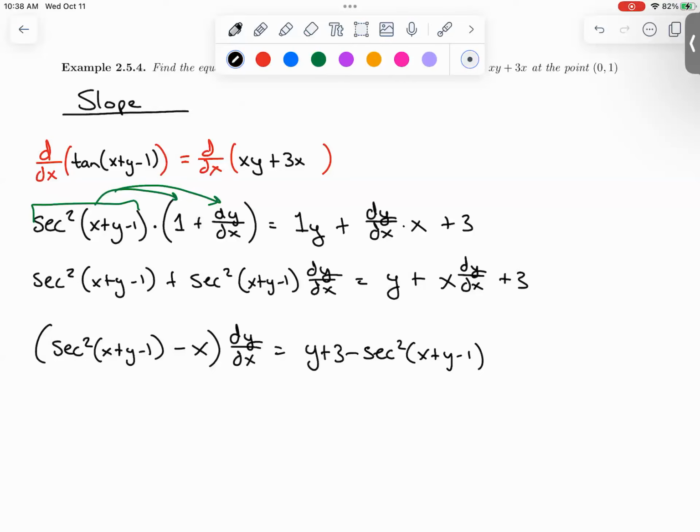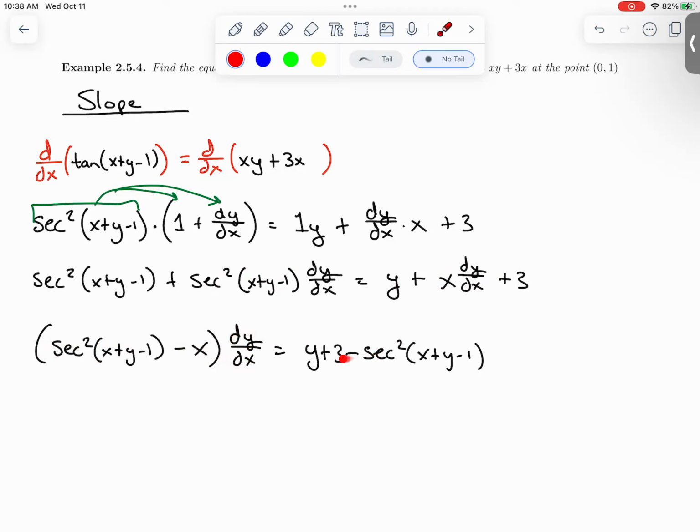So just as a reminder, I subtracted the x dy/dx to the left-hand side, subtracted the secant squared of (x plus y minus 1) to get it on the right-hand side. And then I immediately factored it out. I saved on an extra space here. So I brought this term over and then I factored out the dy/dx. That's why it's secant squared of (x plus y minus 1) right here, and then an x, and then the dy/dx on the outside.